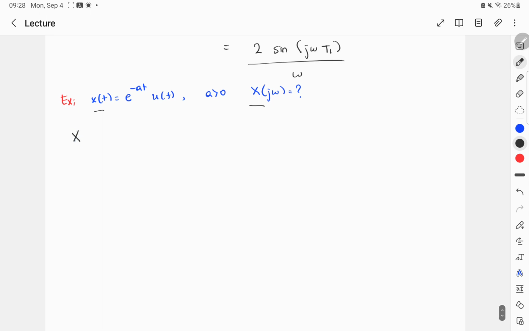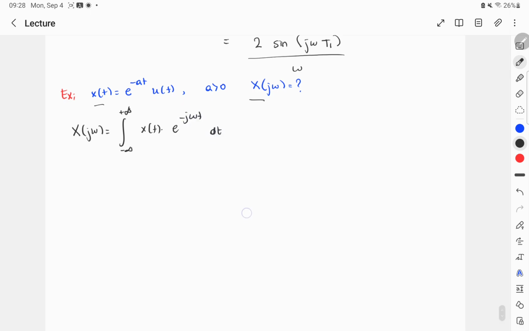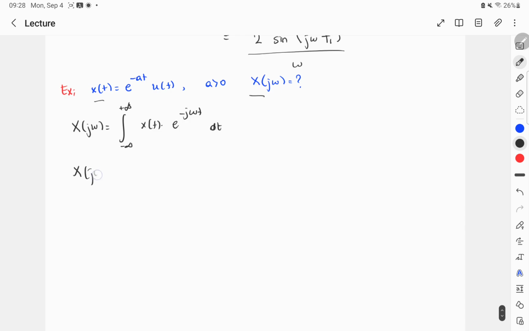So let me quickly write our formula, and now apply it to the question. And now we will write what is small x of t.